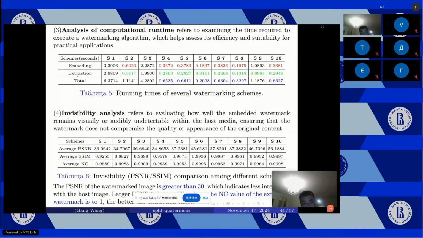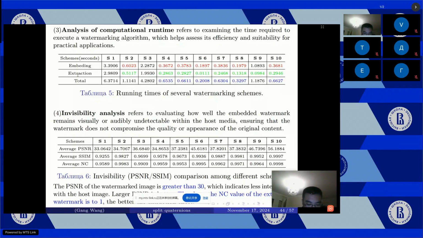In Table 5, our runtimes are less than 1 second and marked with colored numbers. It can be seen that the runtime of the SVD-SQ based color watermarking scheme is nearly the same as that of the RGB 3-channel watermarking schemes, indicating that the watermarking scheme using this four-dimensional algebraic structure does not significantly increase the runtime.